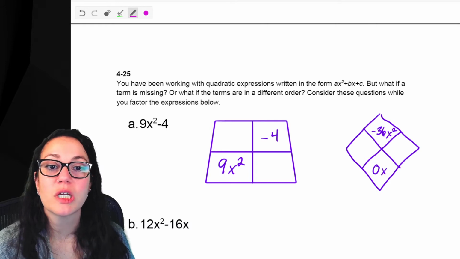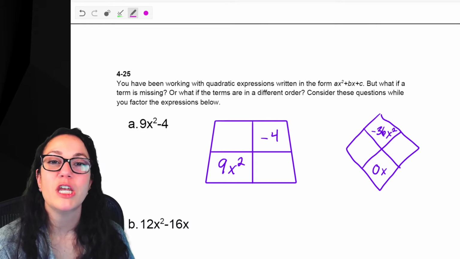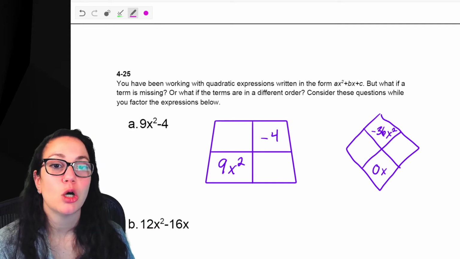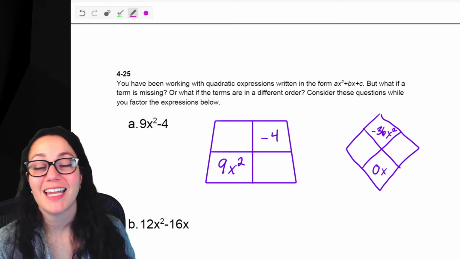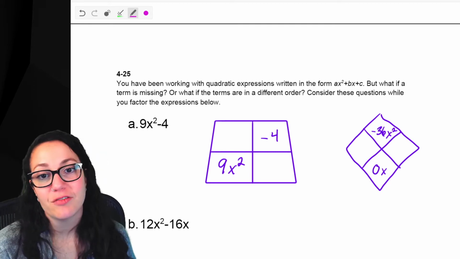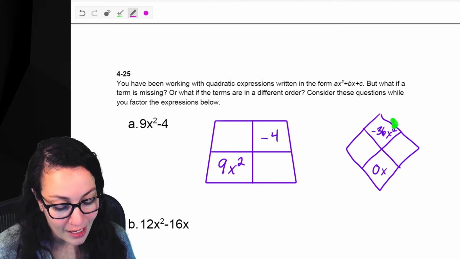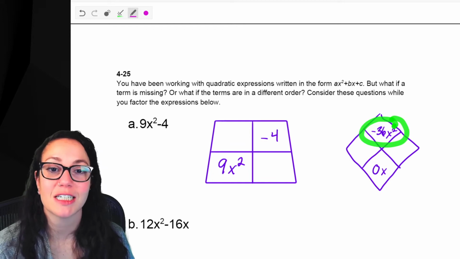When we're looking for something that adds to 0, we have to find numbers that are opposites. So opposites would be like negative 2 and positive 2, negative 10 and positive 10. So we're looking for some number and its opposite that will multiply to negative 36x squared.